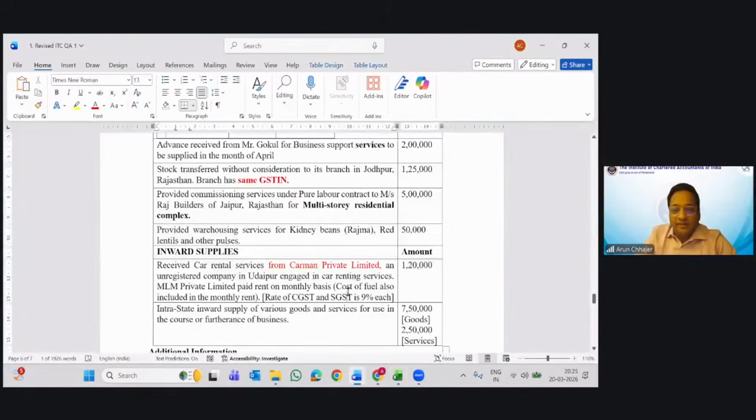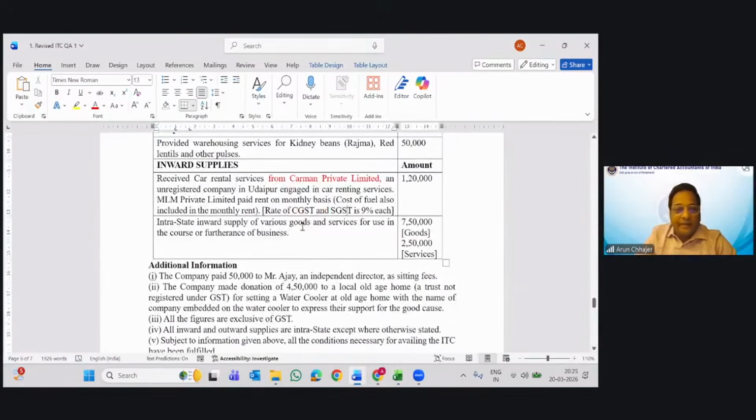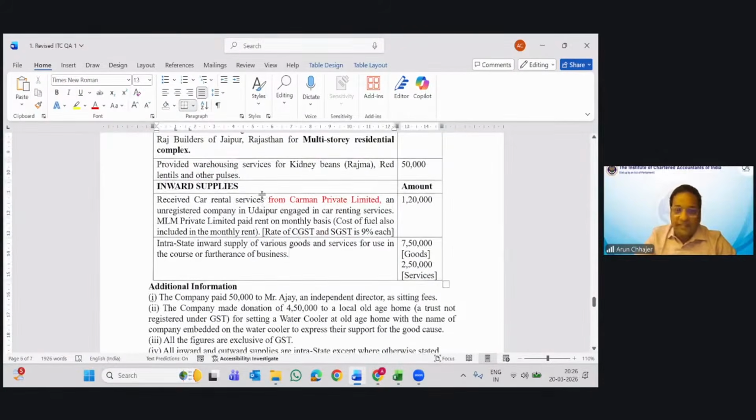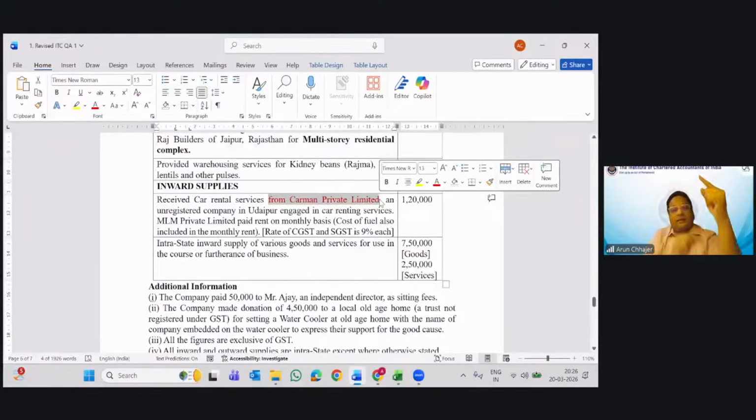Let's move further. Intrastate supply of various goods for use in the course. Again, explain karo. Correct. Let me explain. They are saying services is being provided by the company. Can I say the service provider who is unregistered, but he is a company? So we can say that the supplier is the body corporate.